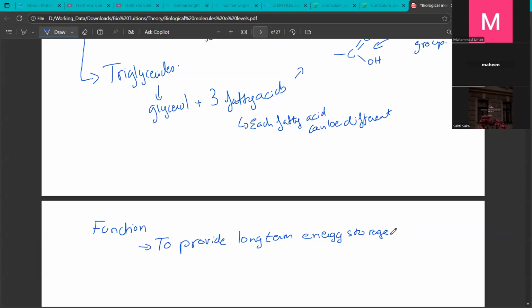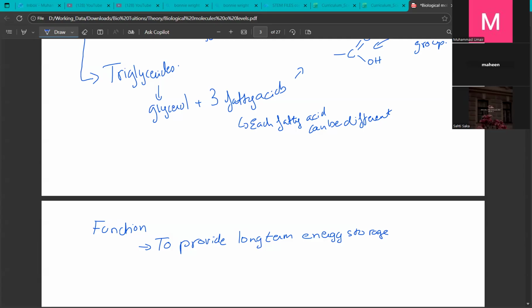While fats would be the money you have in your bank account. आपको एटीएम जाना पड़ेगा, उसको निकालना पड़ेगा. You can't just use it readily. Like हाथ में जो पैसे हैं वो ग्लूकोज है, जो वॉलेट में पैसे हैं वो स्टार्च है, और जो बैंक में पैसे हैं वो फैट्स है. Because it's long-term storage, वो पड़े हुए हैं तो पड़े हुए हैं, जब जरूरत पड़ेगी तब इस्तेमाल करेंगे. सही है.